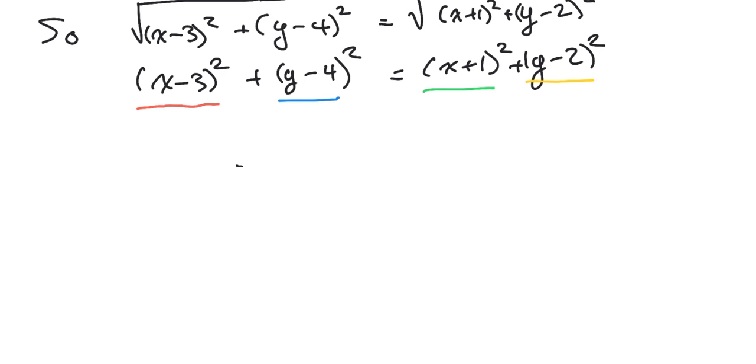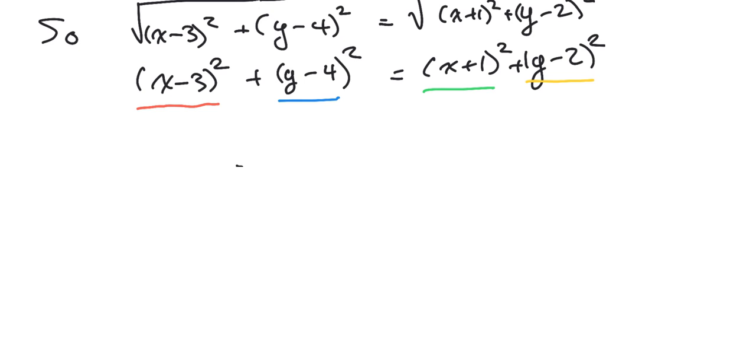Okay? Each of those need to be expanded. So when we expand x minus 3 squared, it's going to be x minus 3 times x minus 3. And you expand it, right? Now, I'm not going to show you all of that. You should be able to do that on your own. But I will give you the final result of expanding that.